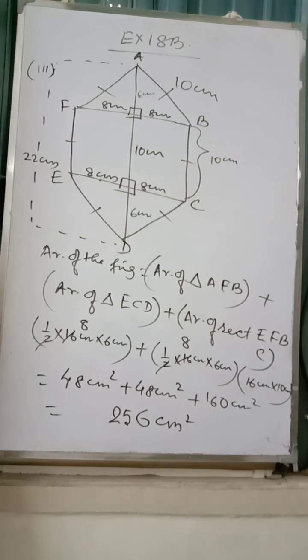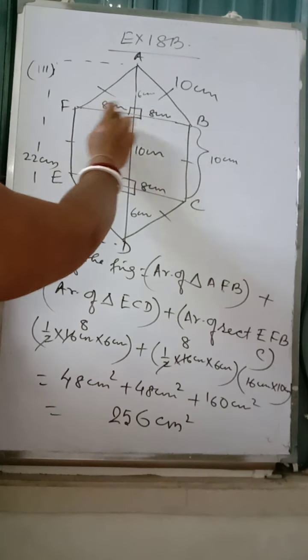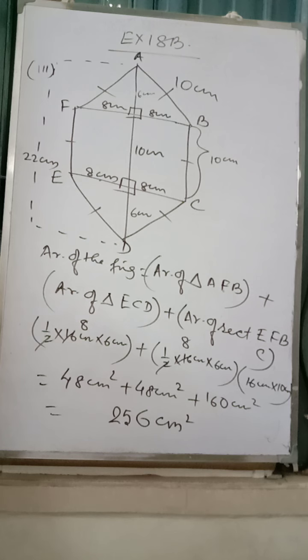You can find the separate areas also, it doesn't matter. You can find 1, 2, 3, 4, 5, 6 areas. I have included them, and you will add, then you will get the same thing, 256 centimeter square.